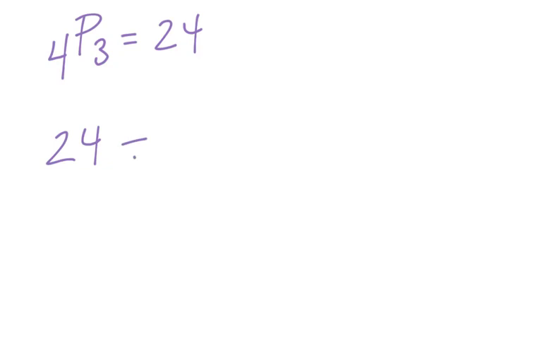We started with 4 permute 3, which gave us 24. But then what do we have to divide 24 by to get 4 combinations? Well, 24 divided by 6 is equal to 4.